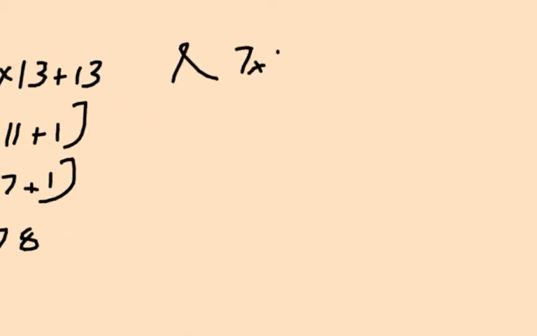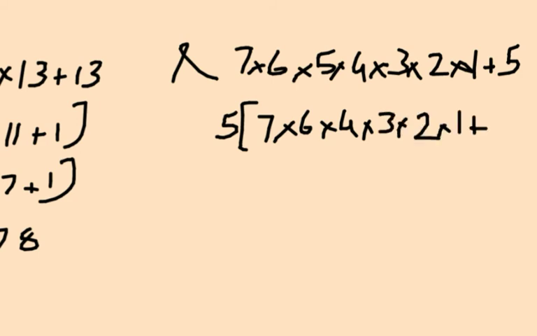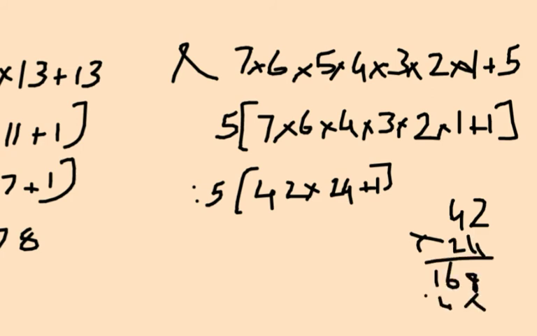Now 7 into 6 into 5 into 4 into 3 into 2 into 1 plus 5, so we take out 5 because it's common. So we get 5 into (7 into 6 into 4 into 3 into 2 into 1 plus 1). 7 6s are 42, into 4 3s are 12, 12 2s are 24, plus 1, which comes to 42 into 24, so 8 16 into 4 8, so I get 1008.